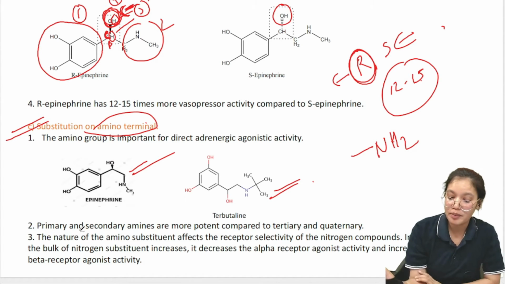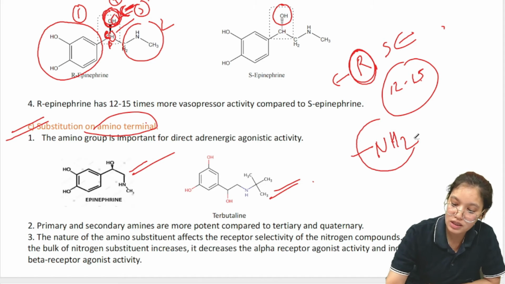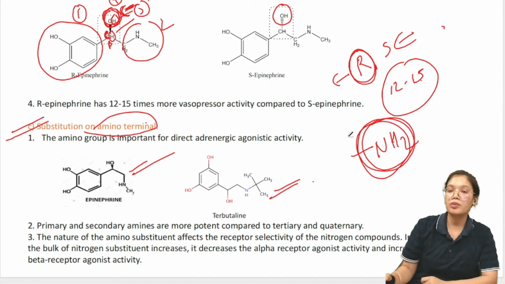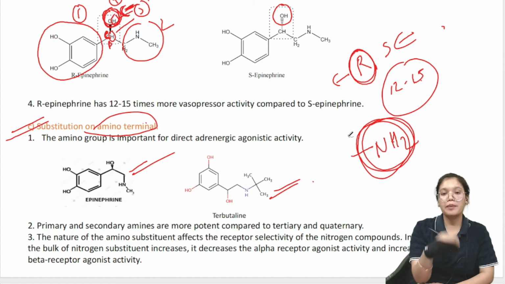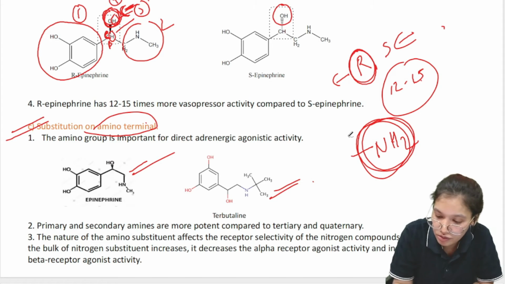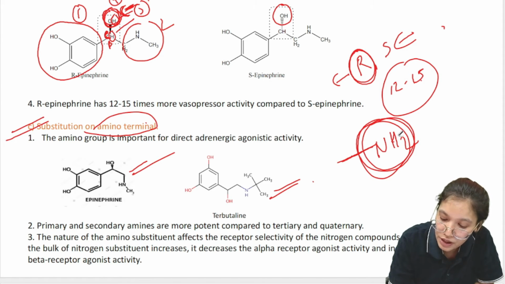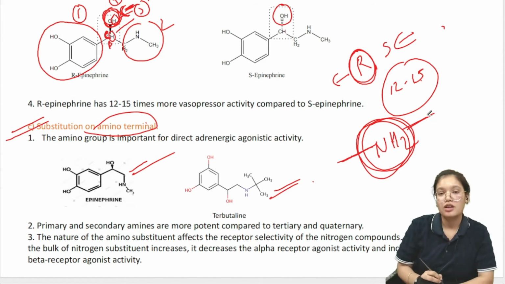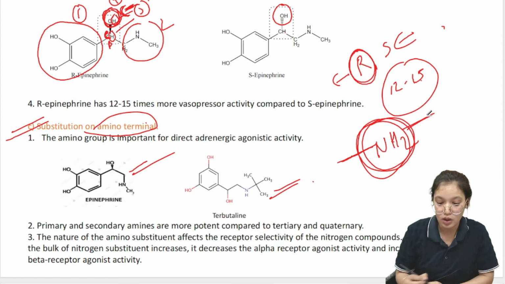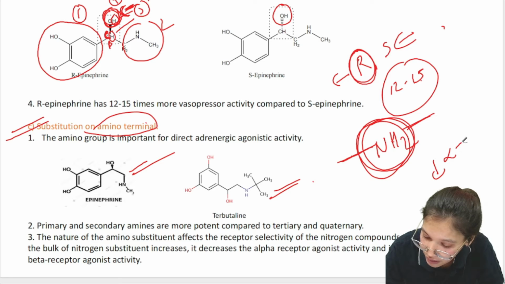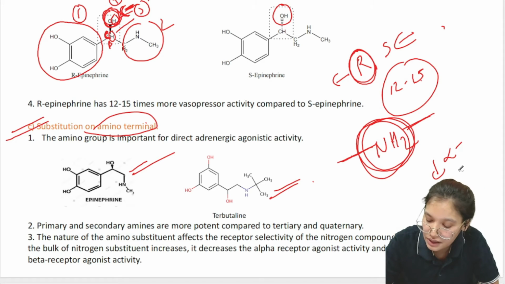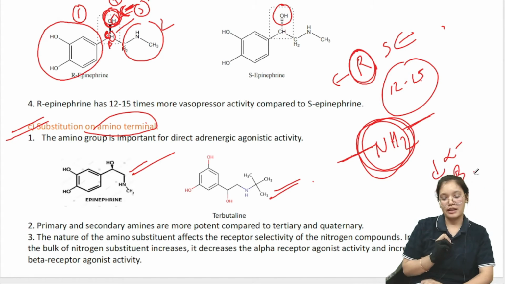Now the substitution at this amino group results in a change in the selectivity of the chemical. If there is a substitution of a bulky group with this amine, it will result in a decrease in the alpha selectivity and an increase in the beta selectivity.